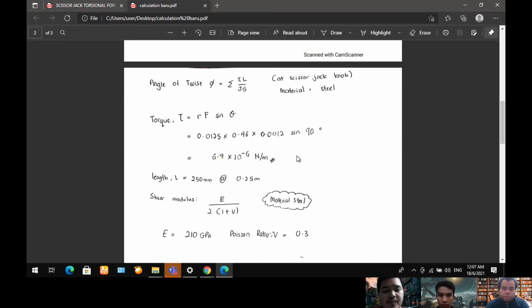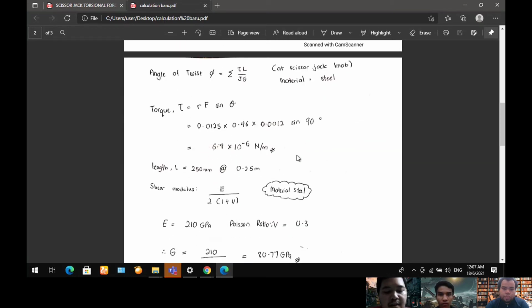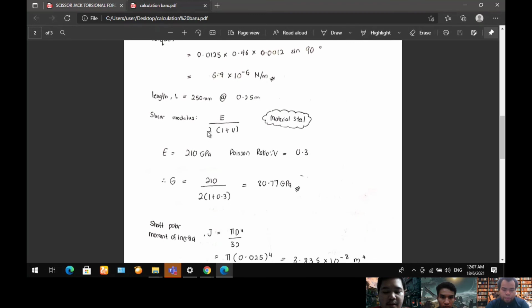After that, we must find the torque first. The formula for torque is R multiplied by force multiplied by sin theta. We get the answer 6.9 times 10 to the power of negative 6 Newton meter. Then for the length, 250 mm, we convert to meter, 0.25 meter. For shear modulus, we use the material steel.